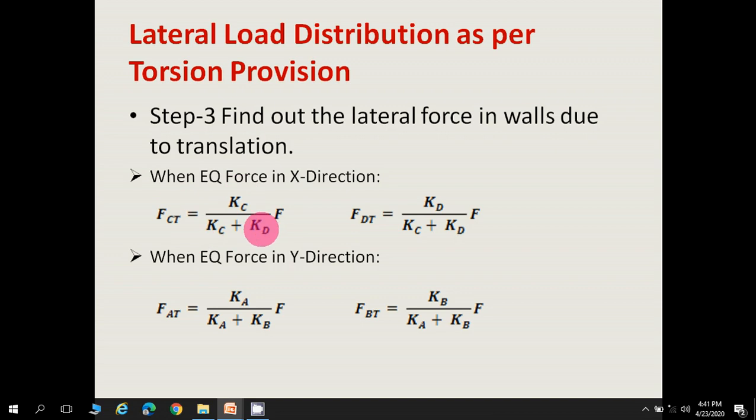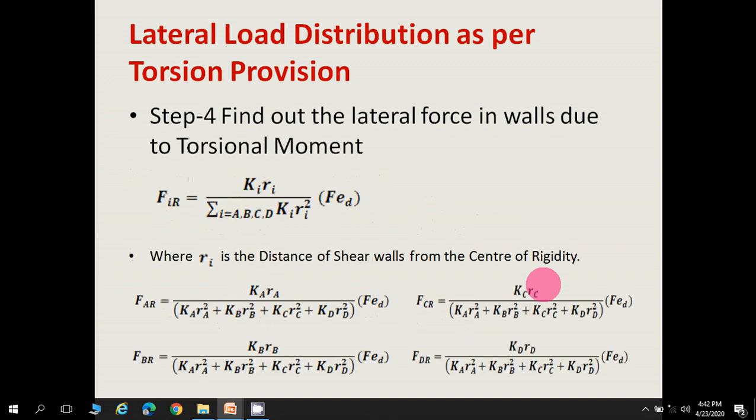So if both values are the same, then 50% of the total seismic force is taken by wall C and 50% by wall D in the x direction. Similarly, in the y direction, 50% of the total load will be taken by wall A, and 50% by wall B. By doing this, we can find out the lateral force involved due to translation.